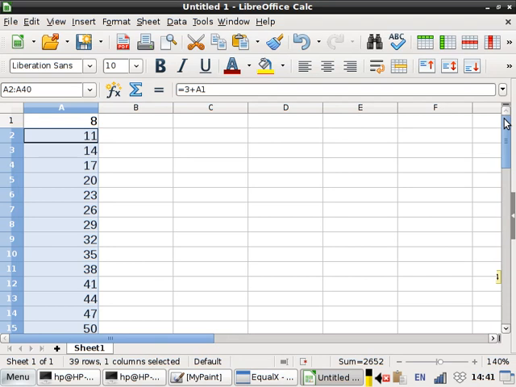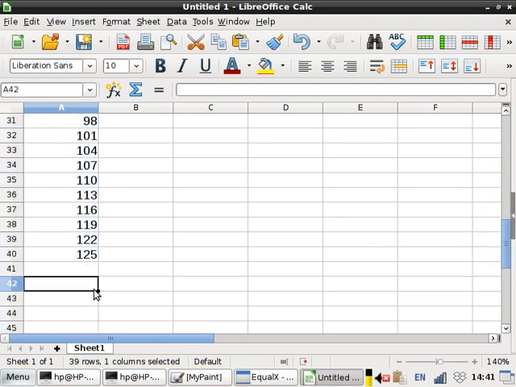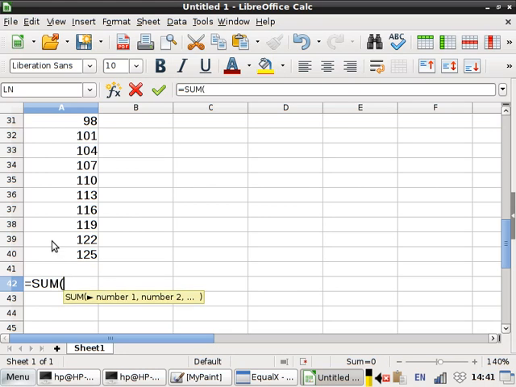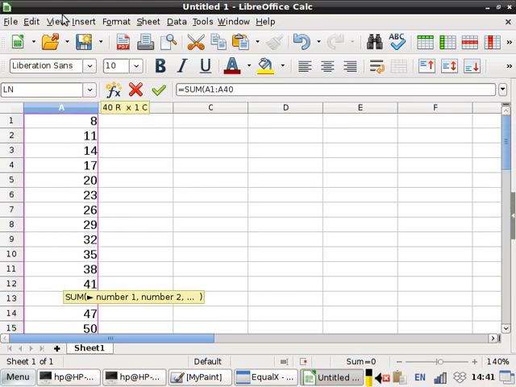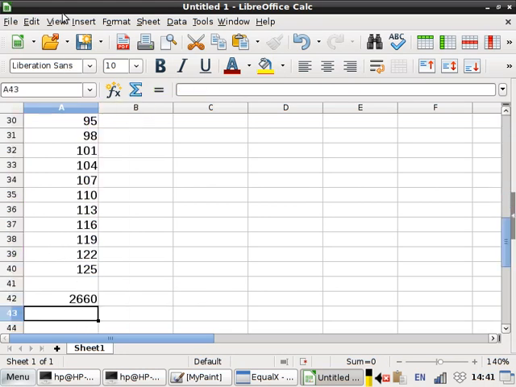Let's see what happens when I add them all up. Sum of all of these. So add all these 40 numbers together, and there it is: 2660. So it works. The formula provides a quick way to add many numbers together. So you can quickly add as many as you like, 40, 100, 1,000, it doesn't matter.